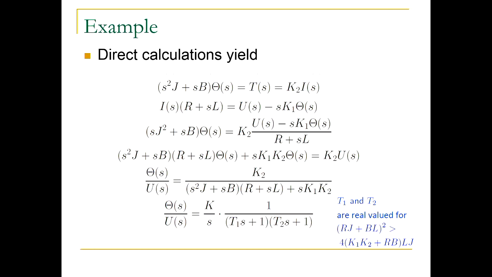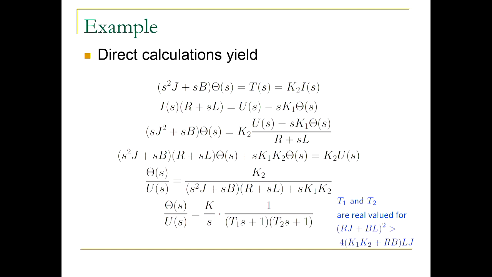So what you get when you eliminate some of these variables is that the Laplace transform of theta divided by the Laplace transform of U, where U is the voltage and theta is the shaft angle, is equal to something that looks like this. All of these constants, K1, K2, come from the model that we presented earlier.